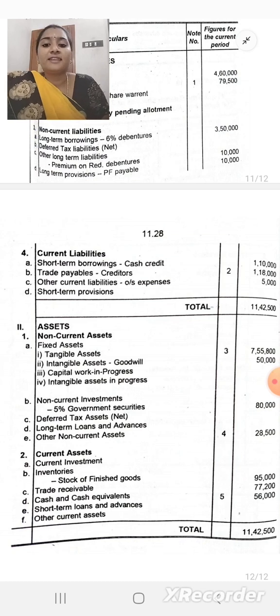Fixed assets. What appears in fixed assets is tangible assets, intangible assets, goodwill, capital work in progress, intangible assets in progress. So only these items appear in non-current assets.